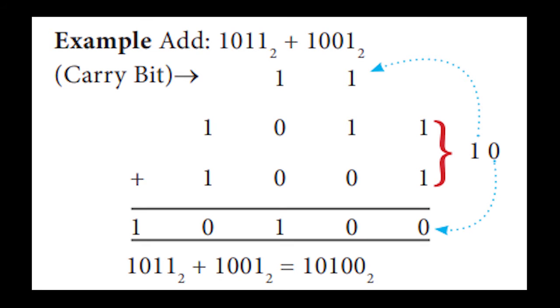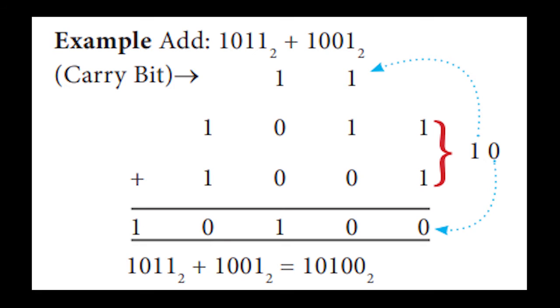Then in the next place we see 1 and 0, and a carry 1 is there. So you have to add that 1 along with this addition. So 1 plus 1 again 10, so 0 down, 1 will be the carry. Then in the third place we see 1, so the answer is 1. And in the last place we see 1 and 1, so the answer is 10. Understood?